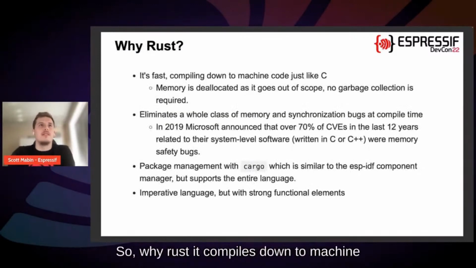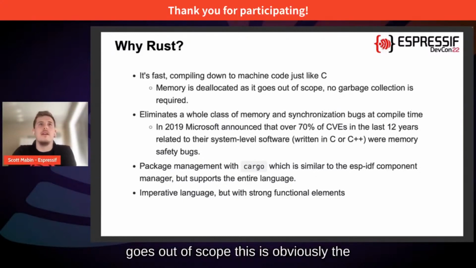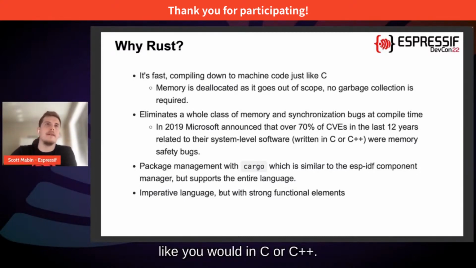So why Rust? It compiles down to machine code just like C or C++, so it's very quick and efficient. There's no garbage collection. Memory is deallocated as it goes out of scope. This is obviously the case for the stack, but also heap memory is deallocated on drop, so there's no manual need to call free like you would in C or C++.